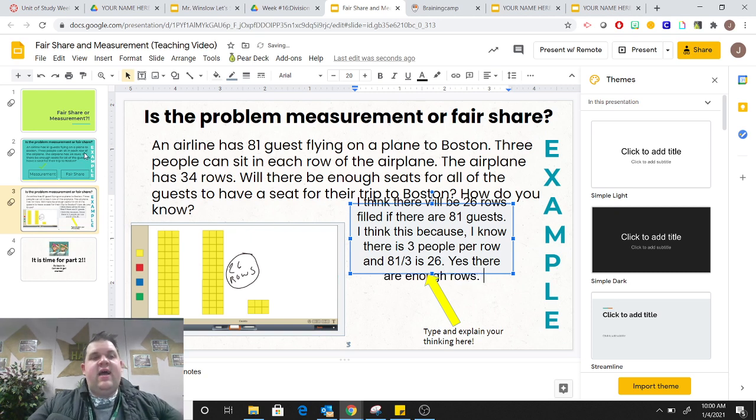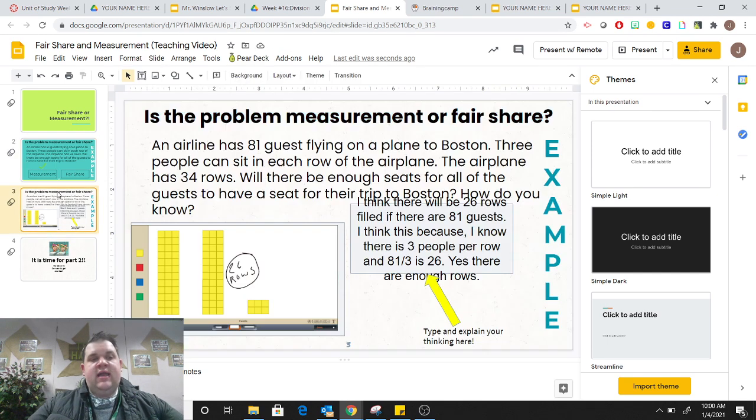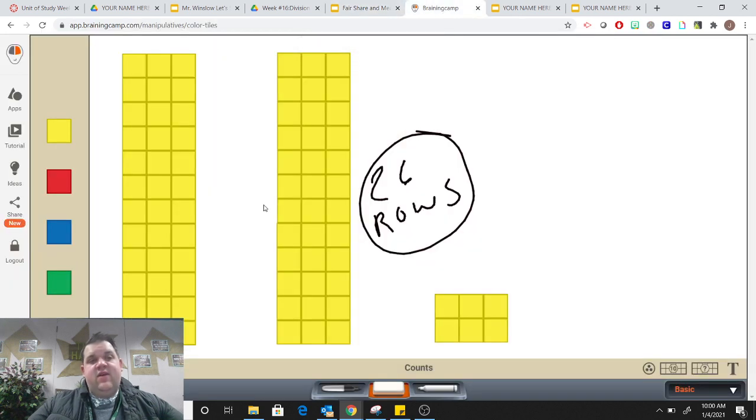So I have now decided if it's a measurement or fair share type of problem. Then I used the measurement strategy to help me determine how many rows there are. And over here, I explained my thinking and I went ahead and answered the question. Now with fair share, it's a little bit different. With fair share, we know how many groups there are.